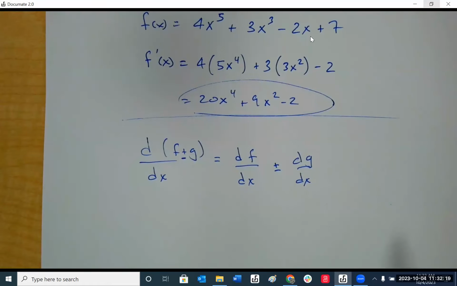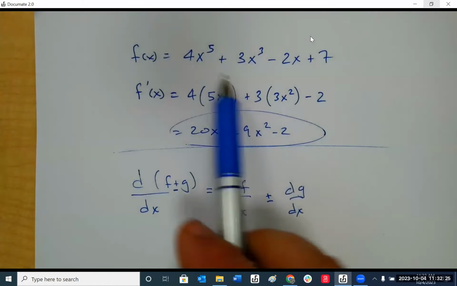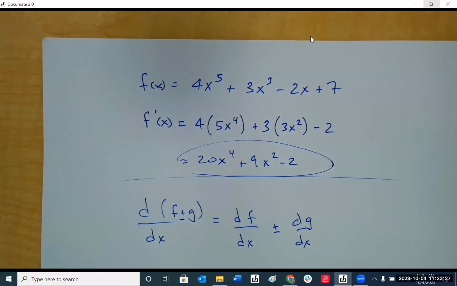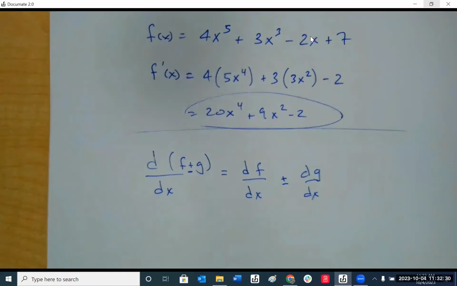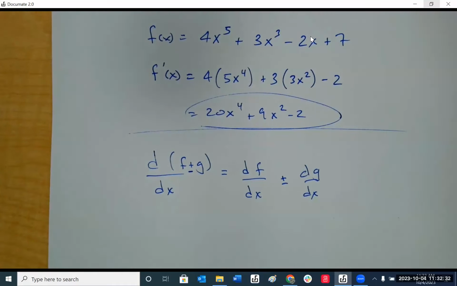The derivative of the sum of 2 functions is the sum of the derivatives. Just like with the limits, exactly. All these rules now, if it applies to one, it has to apply to the other. If it applies to limits, it has to apply to these. And conversely, if it applies to these, we have to be able to put it into limits.